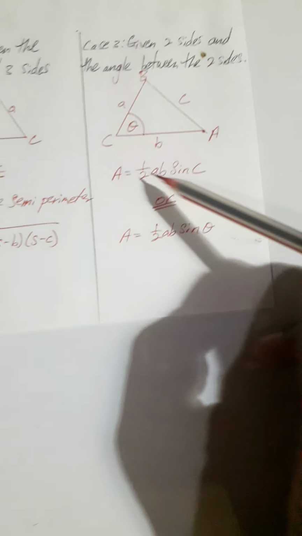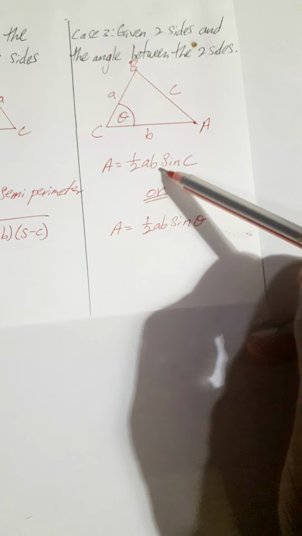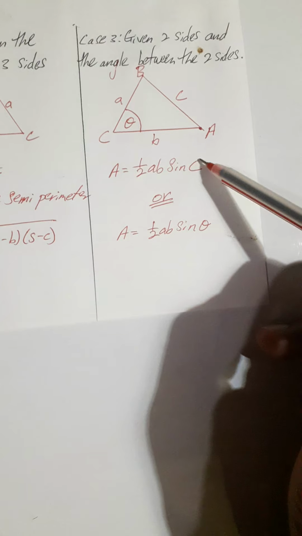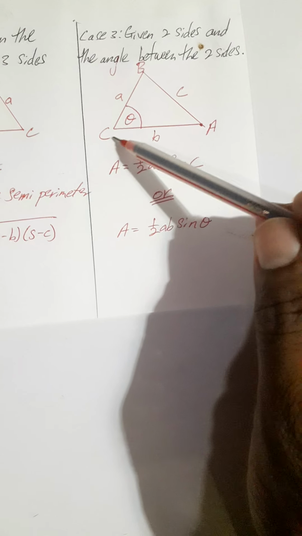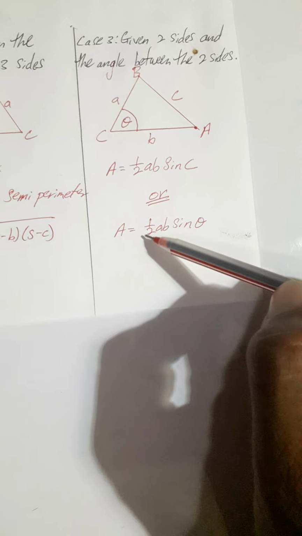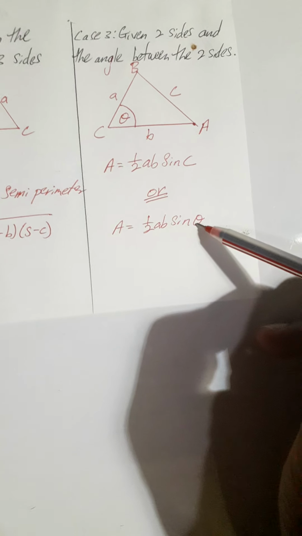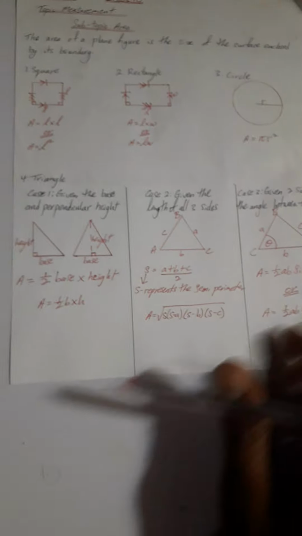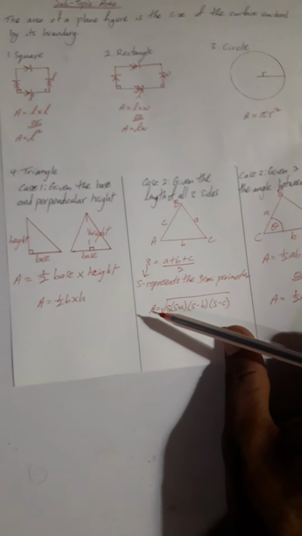So let's say we are given these two sides and the angle is between the two sides that are given, we use this formula: Area equals half ab sine C. The C is a capital letter which represents the angle. Or you can use it as half ab sine theta. Theta will be the angle that is given. Sine C will be the angle that is given as well. Good. So again, we have 3 different formulas that we'll use to find the area of a triangle.